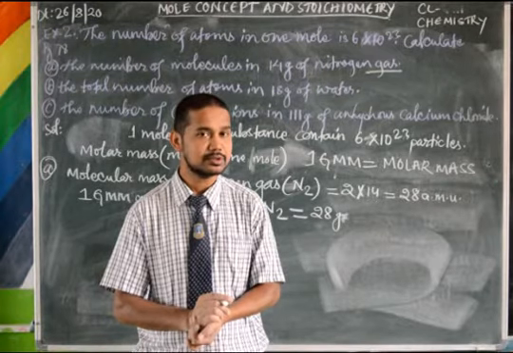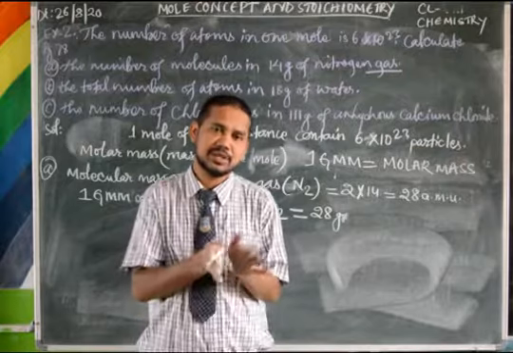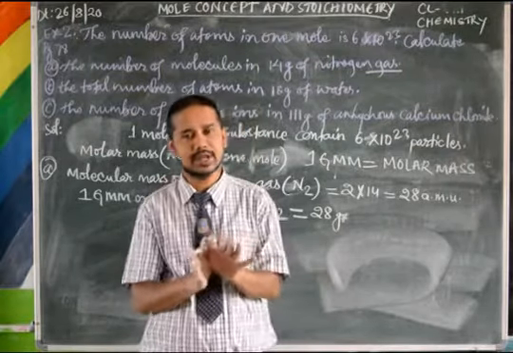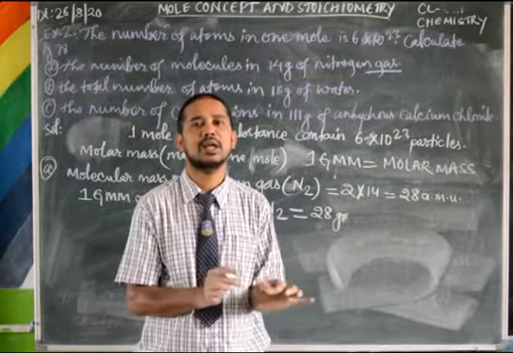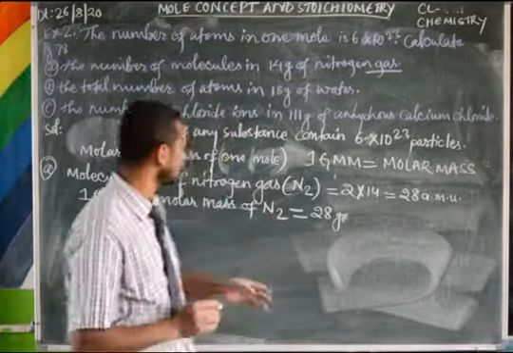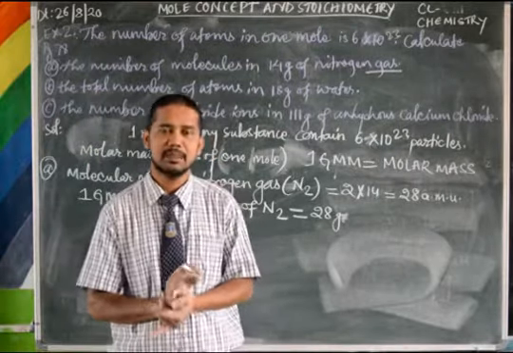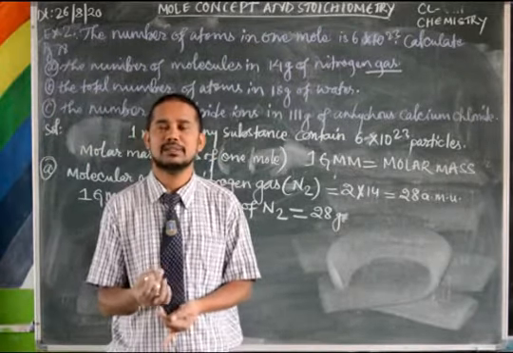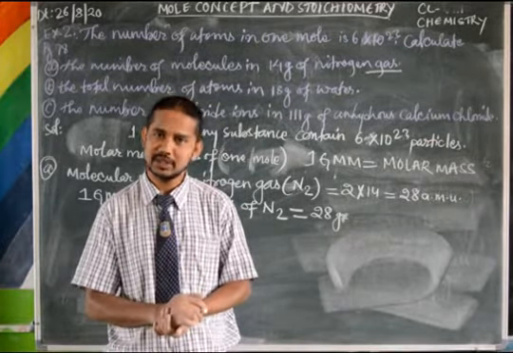I think you have understood now. Relative molecular mass expressed in gram becomes its gram molecular mass, and gram molecular mass is equal to molar mass. And what is molar mass? Molar mass is the mass of 1 mole, or the mass of molecules expressed in gram.